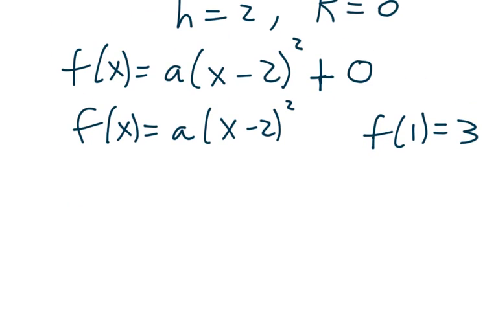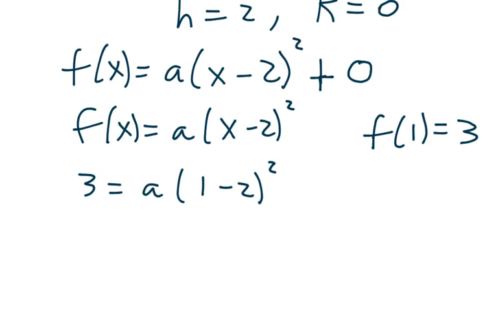Okay, so from here, let's see if this helps us. So 3 is a times 1 minus 2 squared. All I did here was replace x with 1, and f of 1 has to be 3, so I replaced f of 1 with 3. In other words, when x is 1, f of x has to be 3.